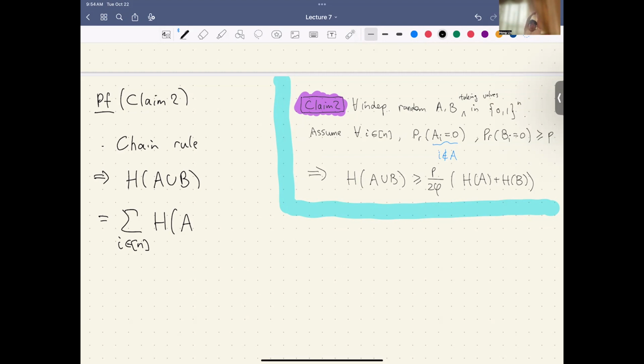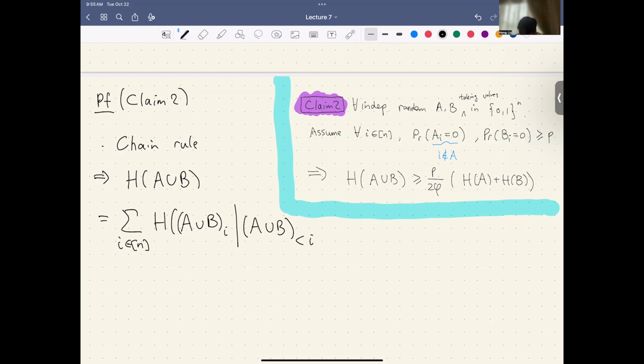I want to write A_i union B_i, but that's not defined. So I should write (A union B)_i. Okay, that's the i-th coordinate of this vector A union B, where I abuse the notation A union B to mean its characteristic vector, conditioned on all the previous coordinates.